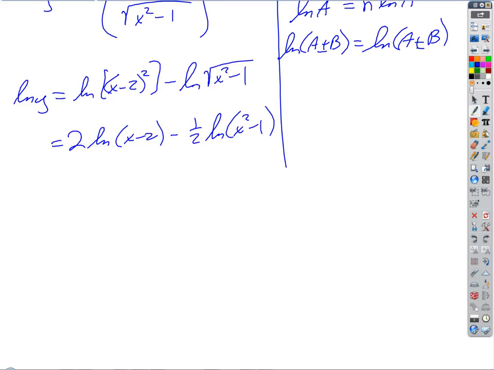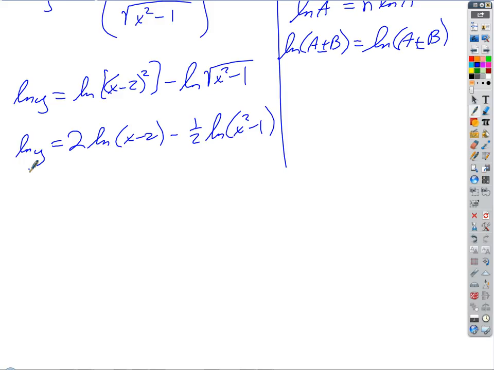Okay, now, remember, if I implicitly differentiate both sides with respect to x, what am I going to get on the left side? What's our rule for the derivative of log u with respect to x? It's u prime over u, right?